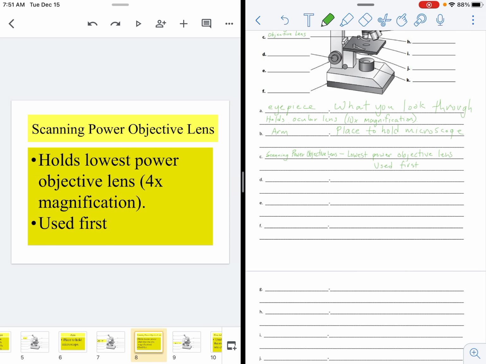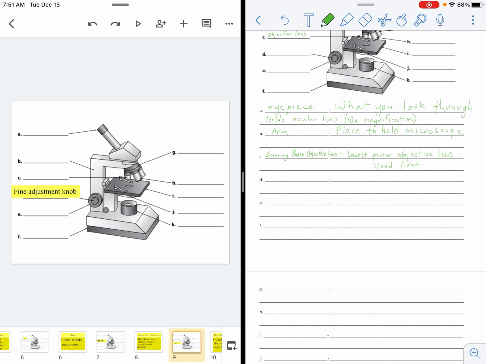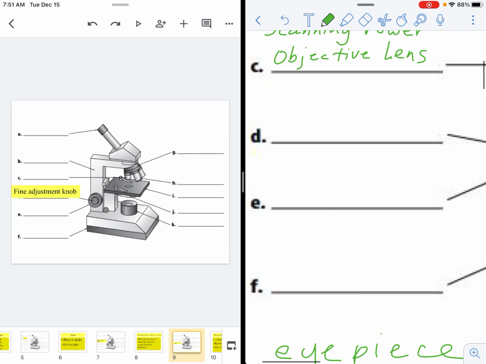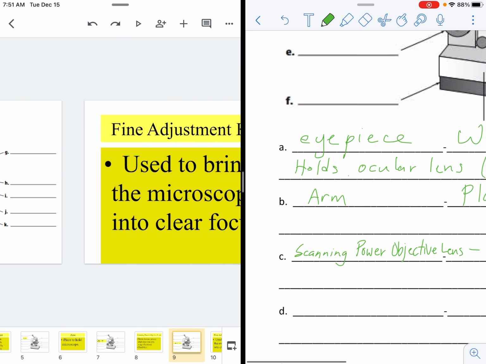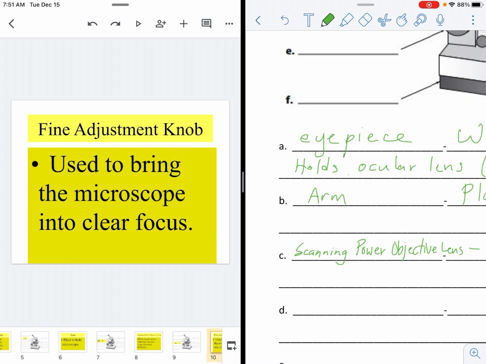All right, on to letter D. That is called the fine adjustment knob. The function of the fine adjustment knob is going to be to bring the microscope into clear focus.